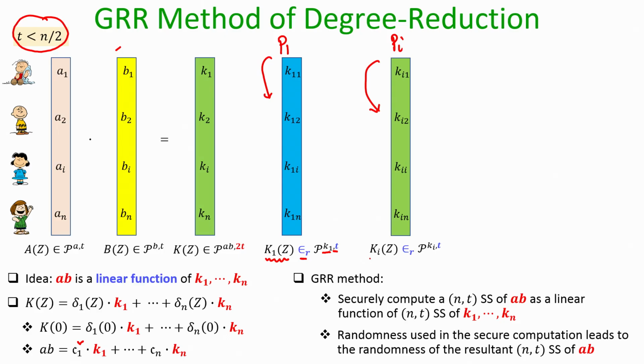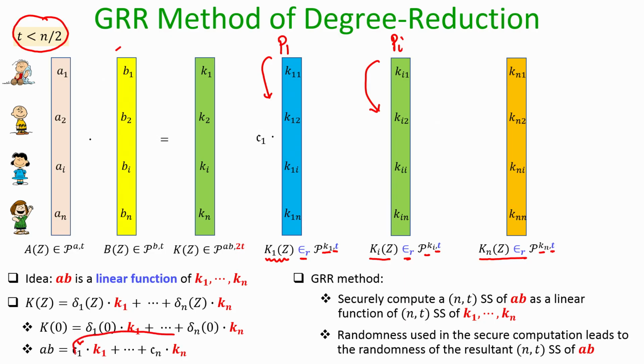So, for that it will be picking a random polynomial of degree t whose constant term is ki, and like that we will ask the nth party to pick a random polynomial of degree t with constant term being kn and distribute the shares. And after that we compute this linear function.